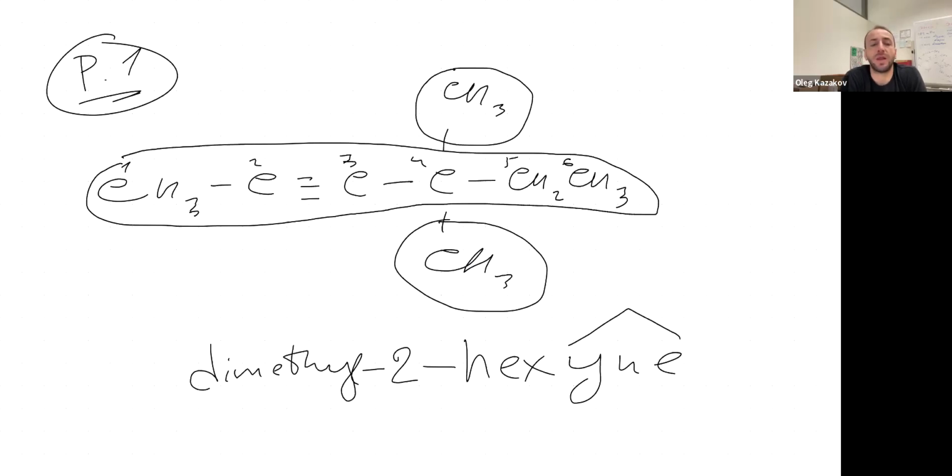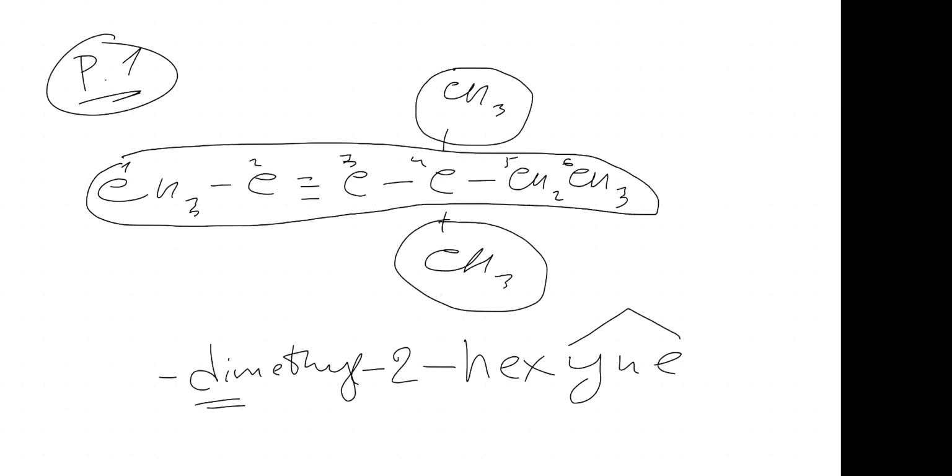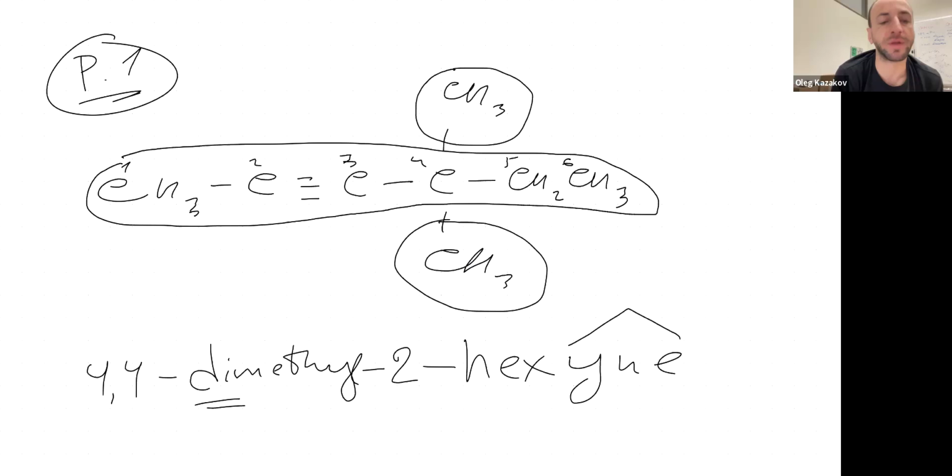Di stands for 2, by the way, that's the Greek prefix. So those 2 methyls are both located on carbon number 4. According to the rules, we'll need to double the number of the carbon, and it will become 4,4.